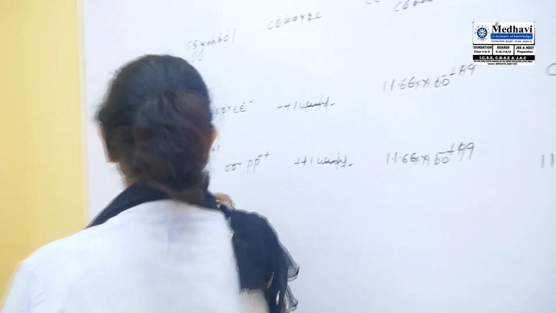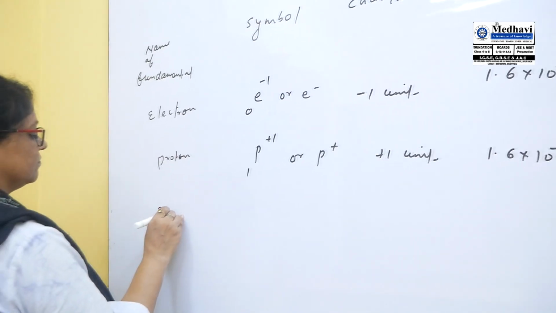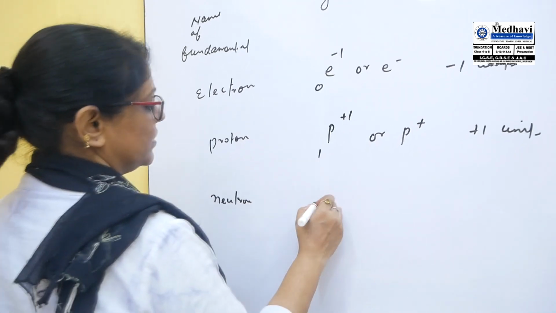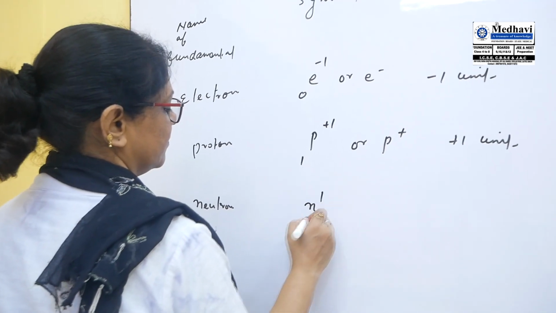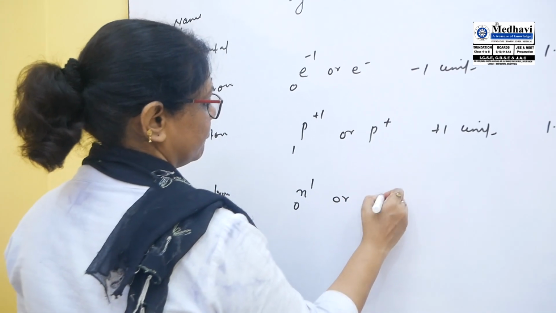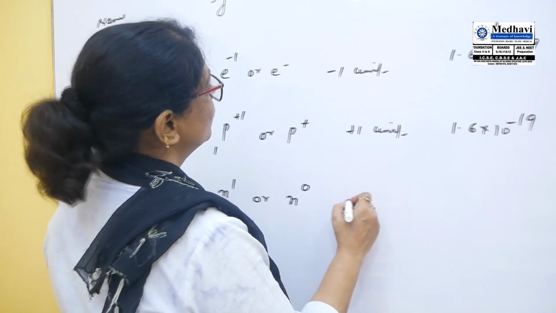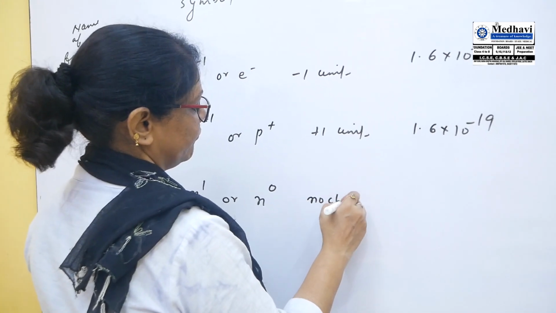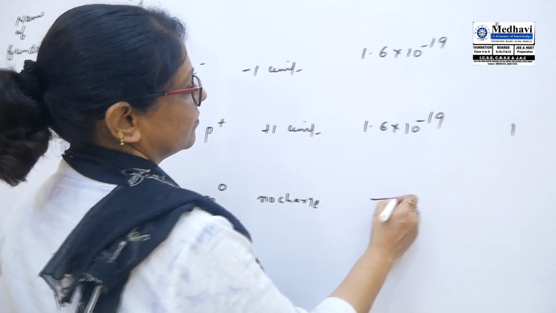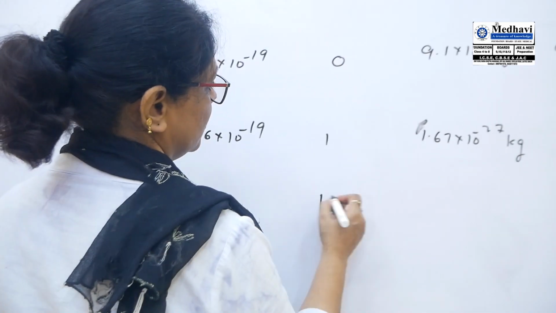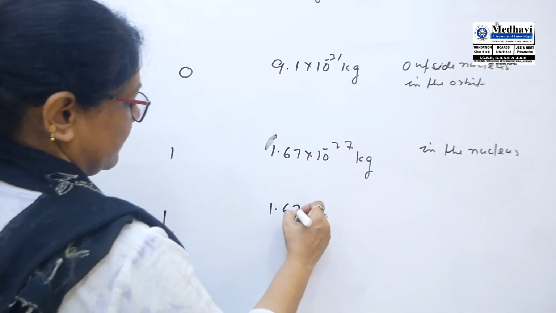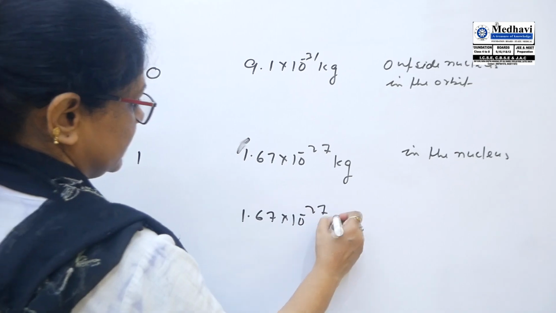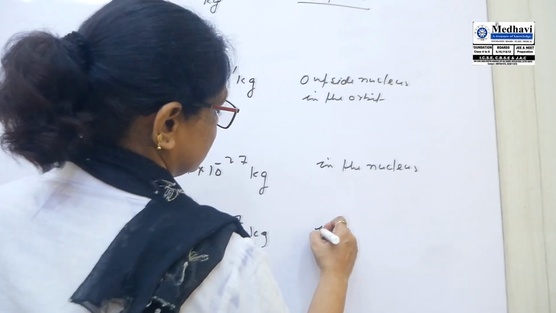Third is neutron. It is n. No charge. Mass 1 AMU. 1.67 into 10 to the power minus 27 kg, in the nucleus.